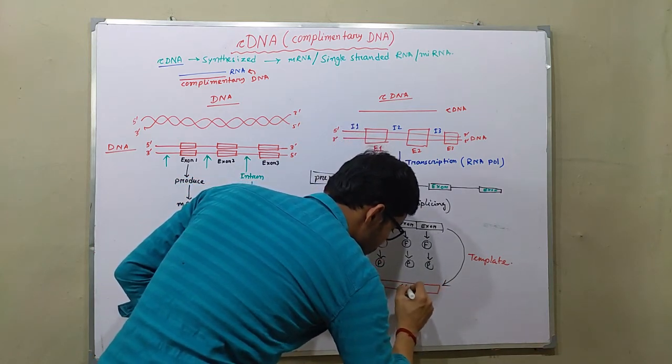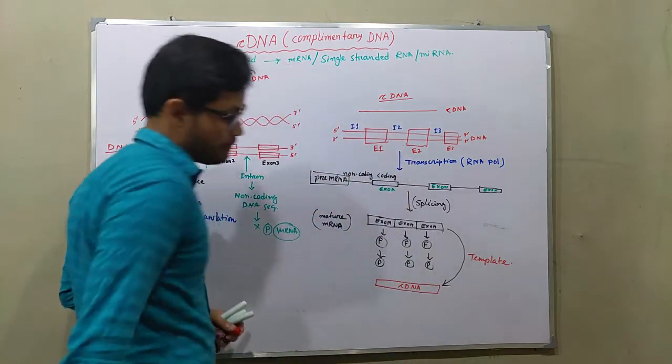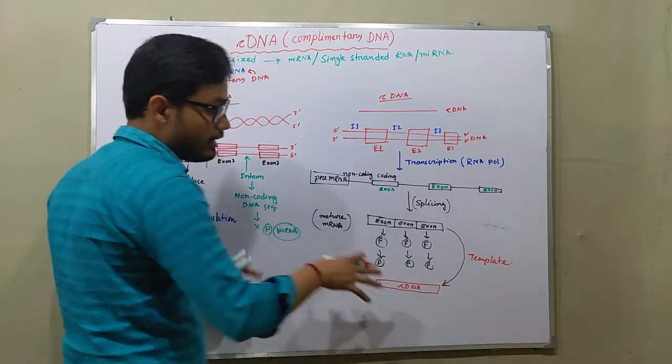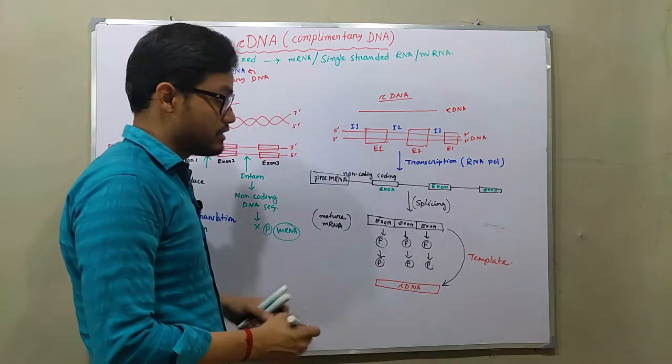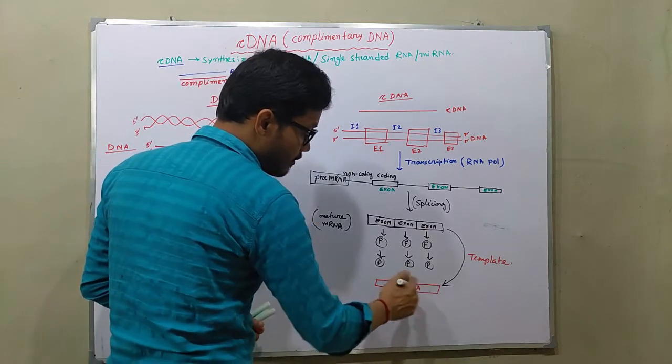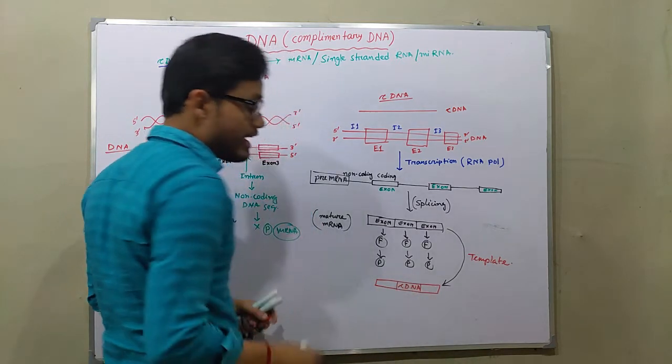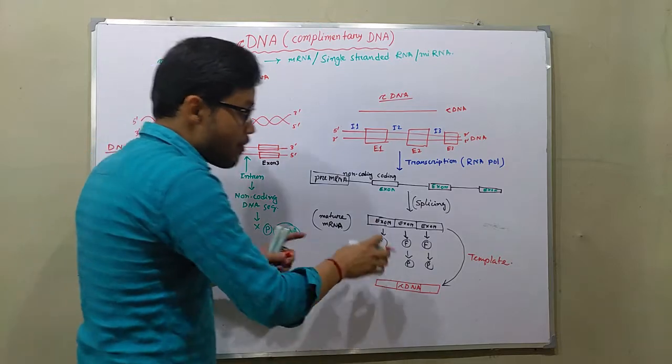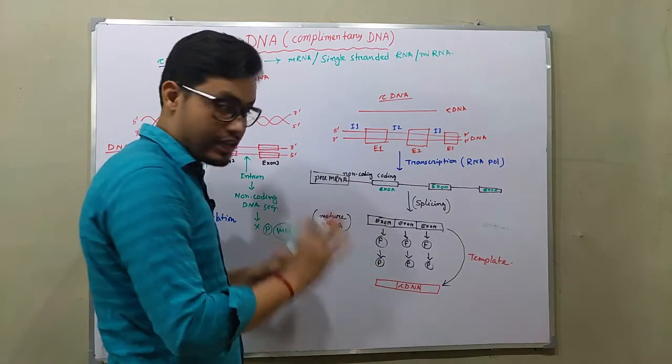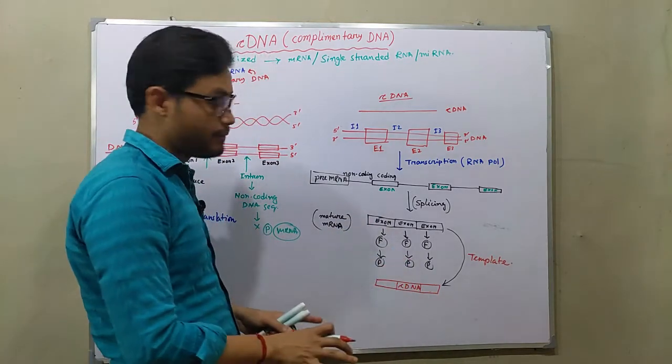That cDNA lacks those intron sequences. That means the cDNA is compiled only from exon sequences, so all of the segments of this cDNA are functional.